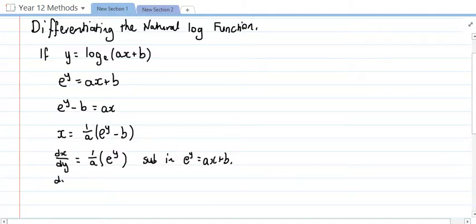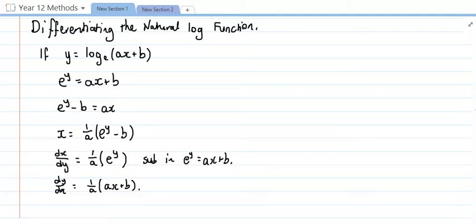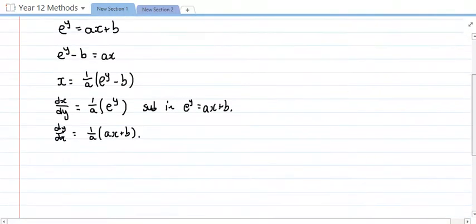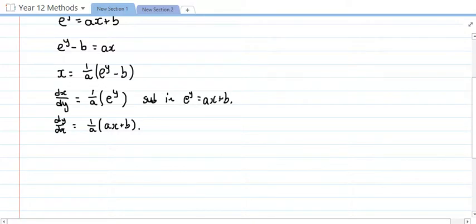So that means that dx dy is equal to 1 on a multiplied by ax plus b. And we should be able to expand that to get dx dy equals, whoops, I've started writing dy dx instead of dx dy. Just go and fix that up.